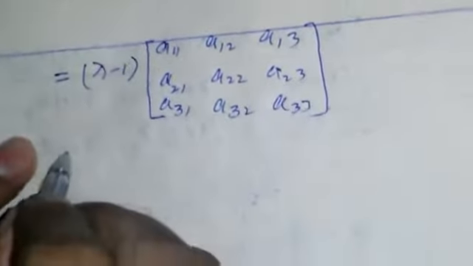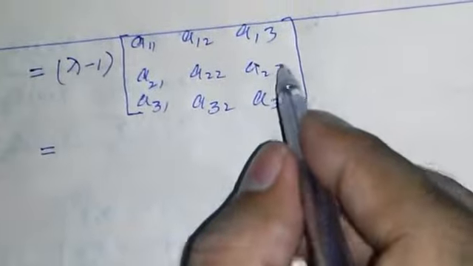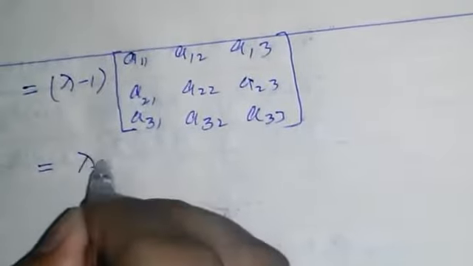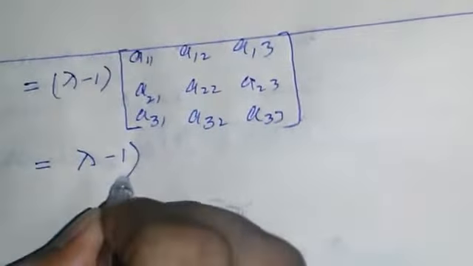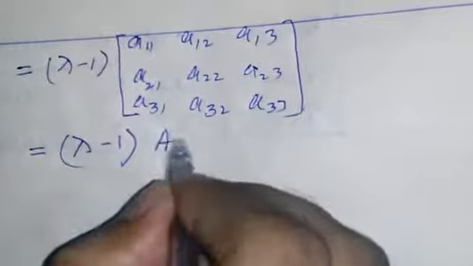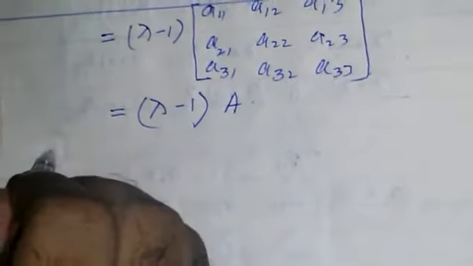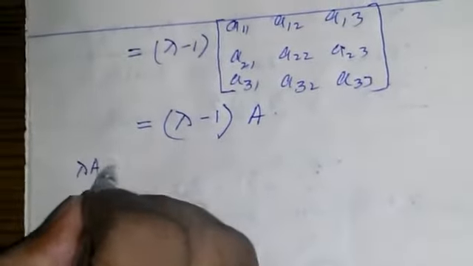This is equal to A. Look at this: this is the matrix A that we started with, so we get lambda minus 1 into A. So lambda A minus A is equal to lambda minus 1 into A.